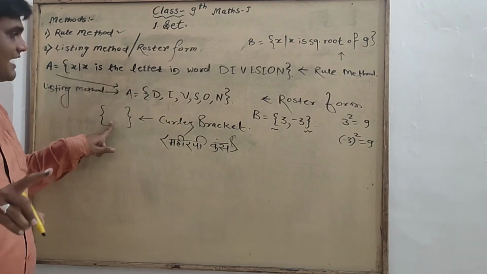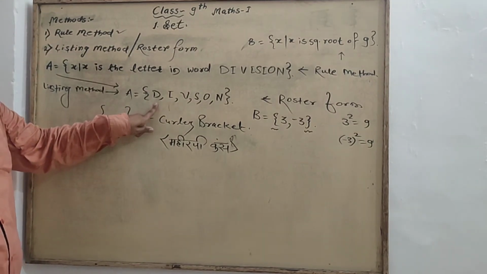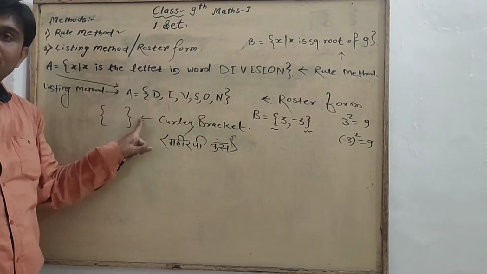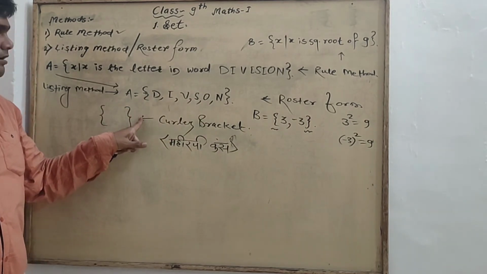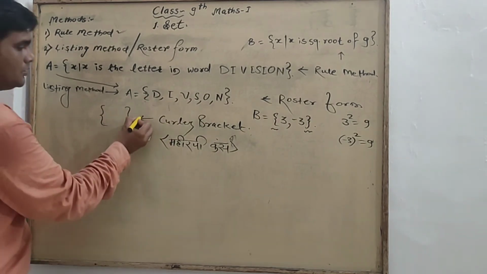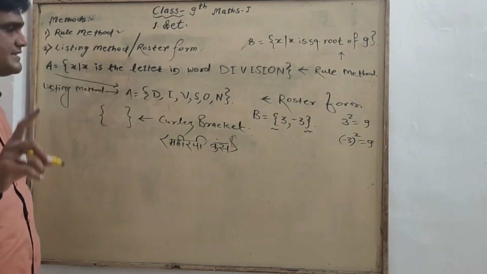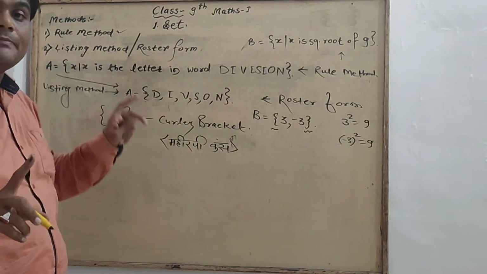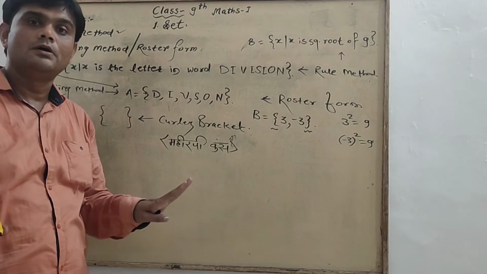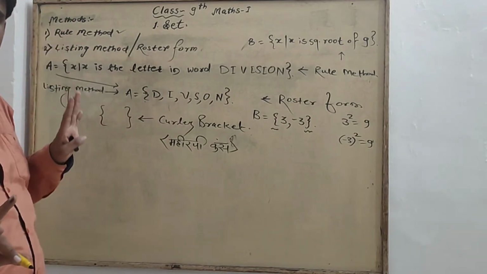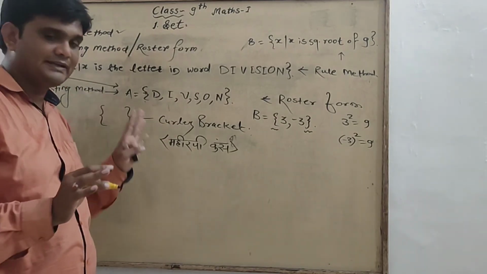We always write the elements of a set in a curly bracket. Always write the elements of every set in a curly bracket. This is the basic rule of sets. Okay students, I hope you got it.